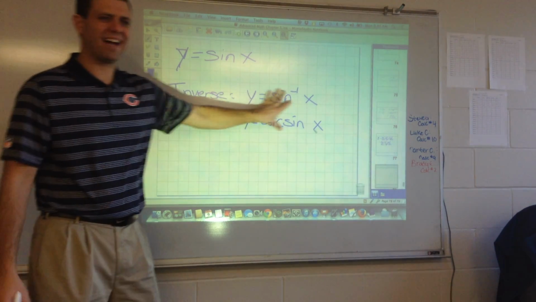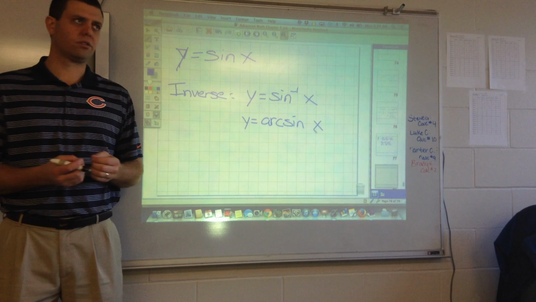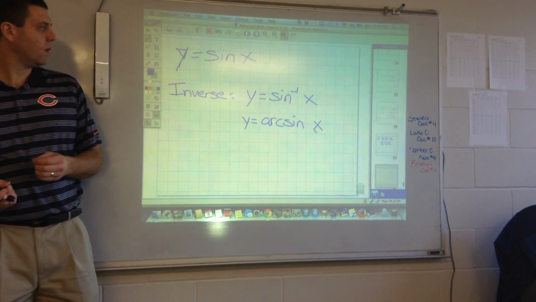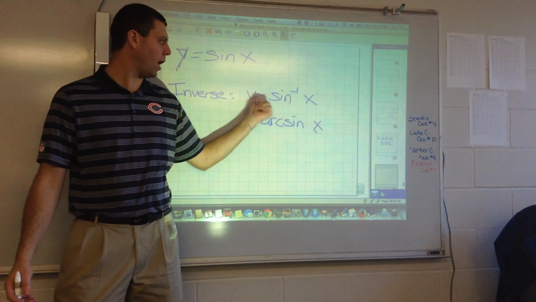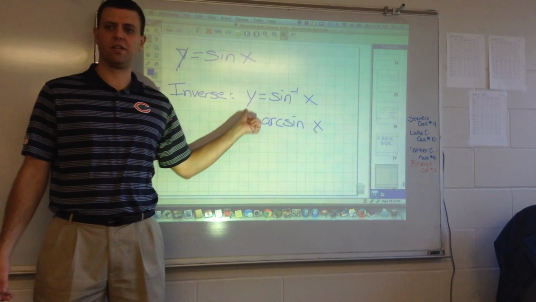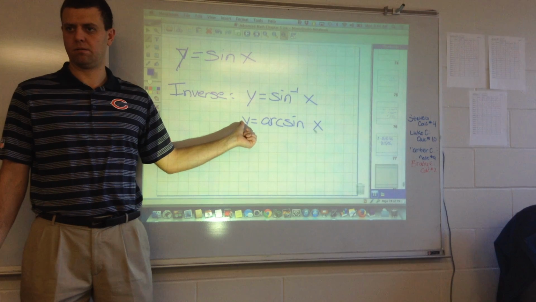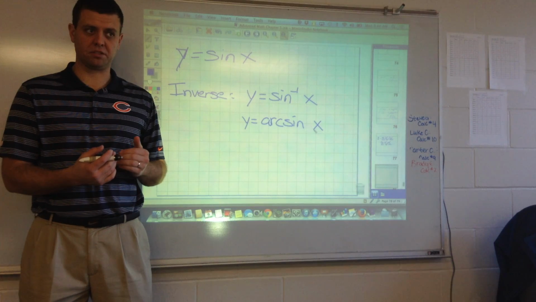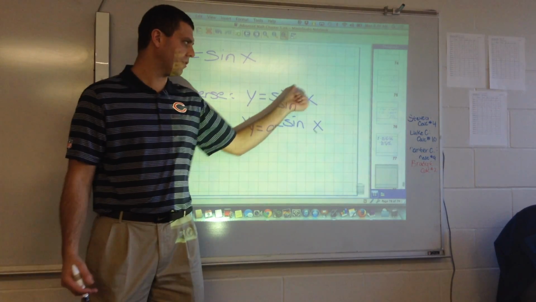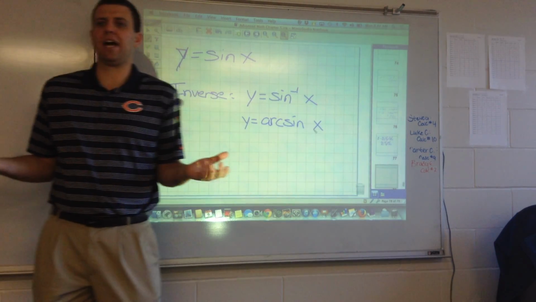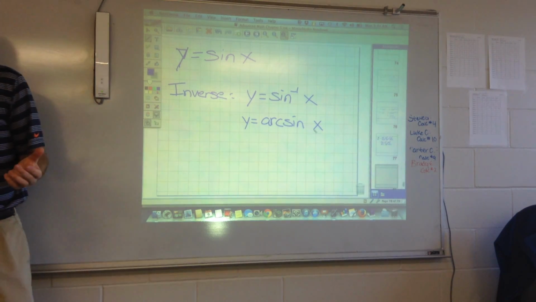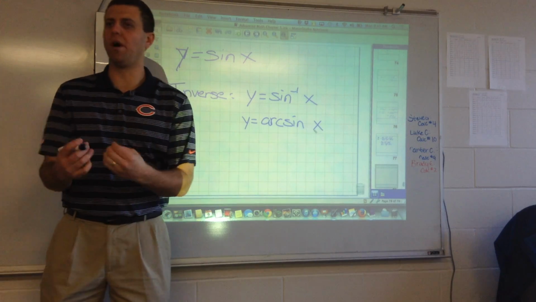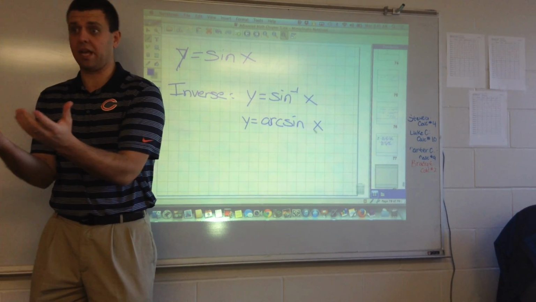Keep in mind, what do inverses help you find? What y equals, and y in this case is always an angle. It's like the reverse of our time test. If I say the inverse sine of 1/2, what am I really asking you to find? 30 degrees. Yes, one of the answers is 30 degrees.